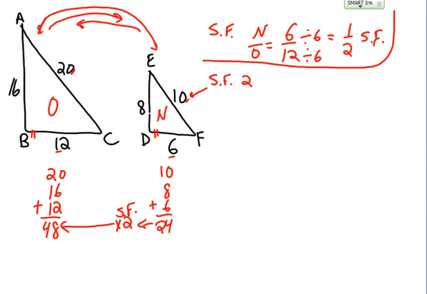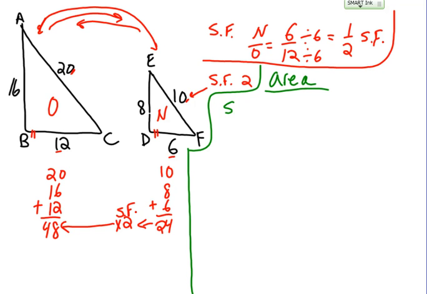But something that does not follow the scale factor as you would know it is area. When you're dealing with area, it is actually the scale factor squared, or the scale factor times the scale factor. So in this case, it would be 2 times 2, which is 4.